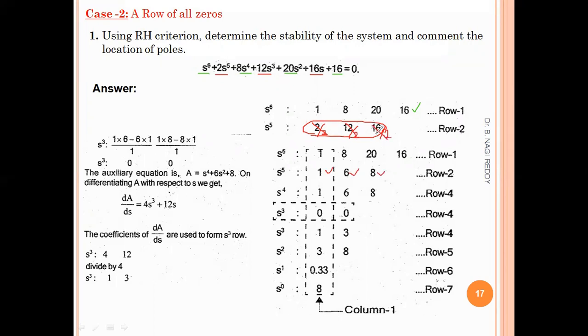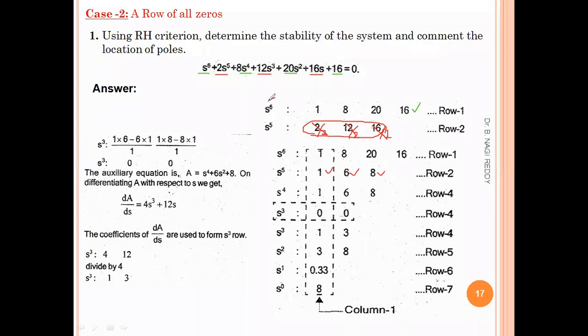This process is to simplify, because with numbers like 12 and 16 the multiplications make the process complex. So if we can simplify the complete row, then we should. I simplify by dividing by 2, so we get 1, 6, and 8.